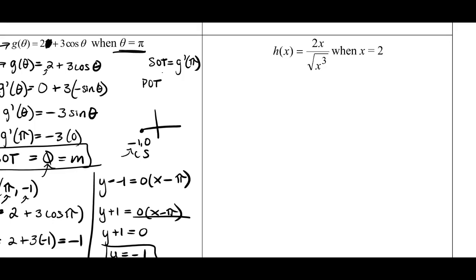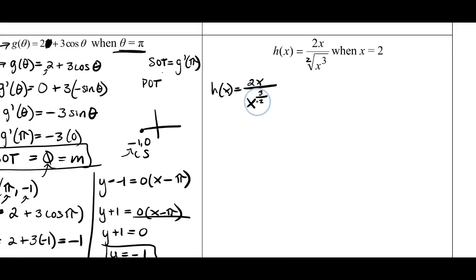Our final problem here does need to be put into polynomial form. I'm going to start by changing my radical into a fractional exponent. Then 3 on the x remains as the numerator. And this is an understood index of 2 because it's a square root. So I end up with x to the 3/2.